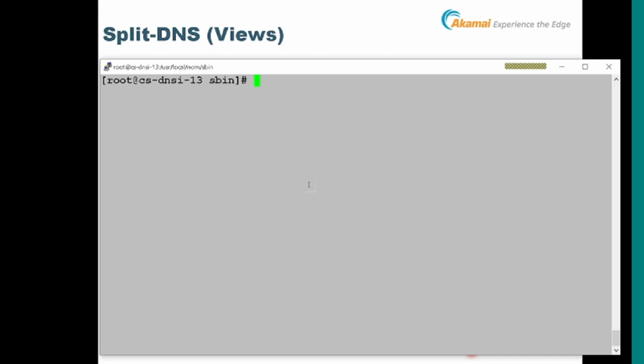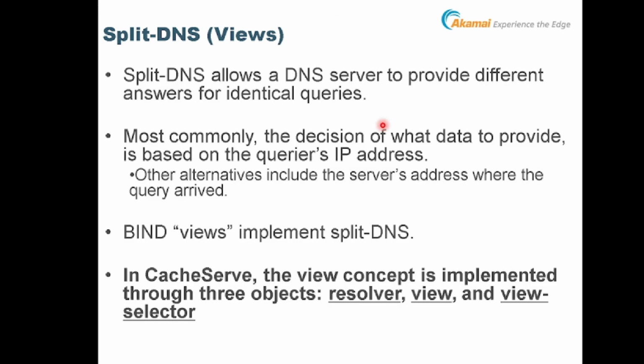Okay, the next thing we're going to talk about is the views, and views offer the same ability in CACHESERVE as they do in AuthServe. That is, it multiplexes the DNS namespace so that a single server can offer different responses for identical queries.